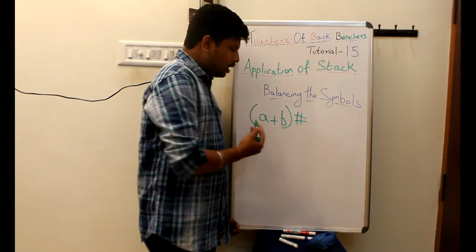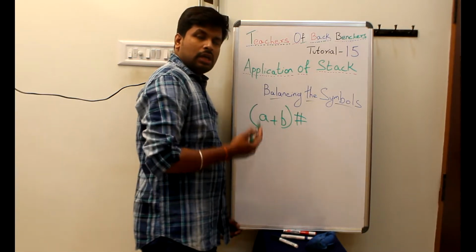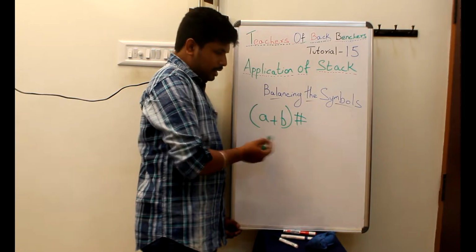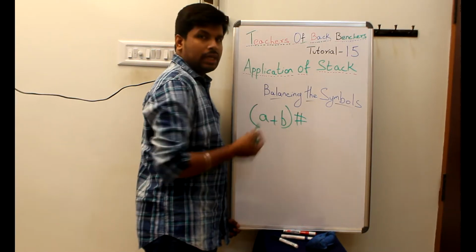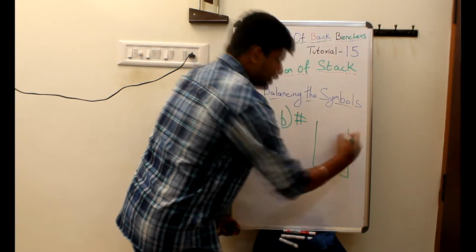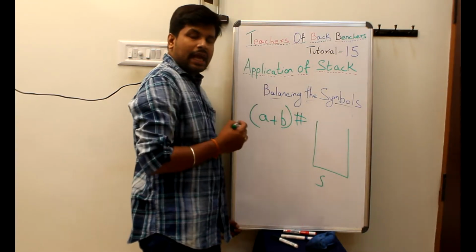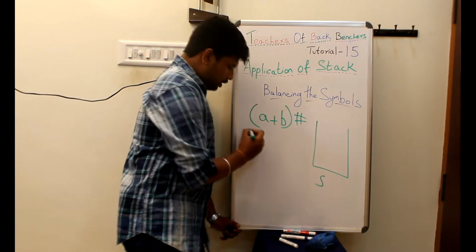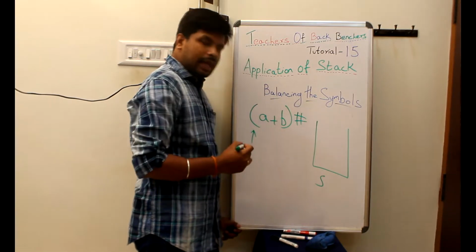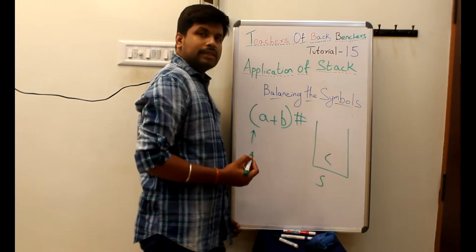We check whether the expression is balanced by checking whether the number of parentheses opened and closed are equal. And how do we check that? By means of a stack. We read each character one by one. Initially we read the first character, the open parenthesis, which is inserted in the stack.